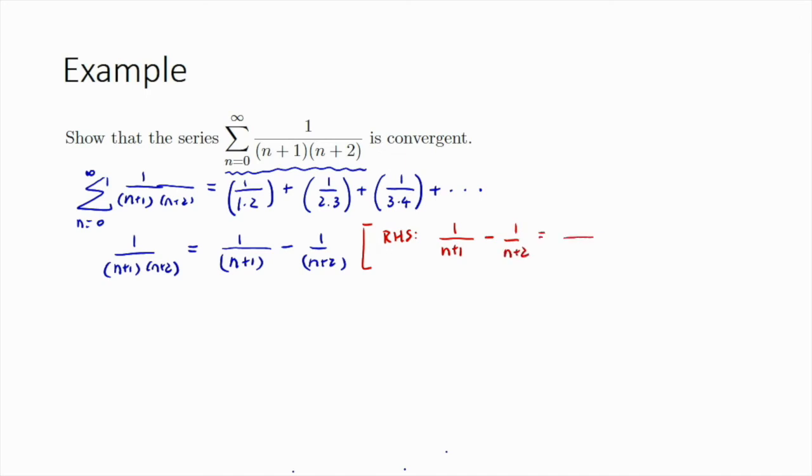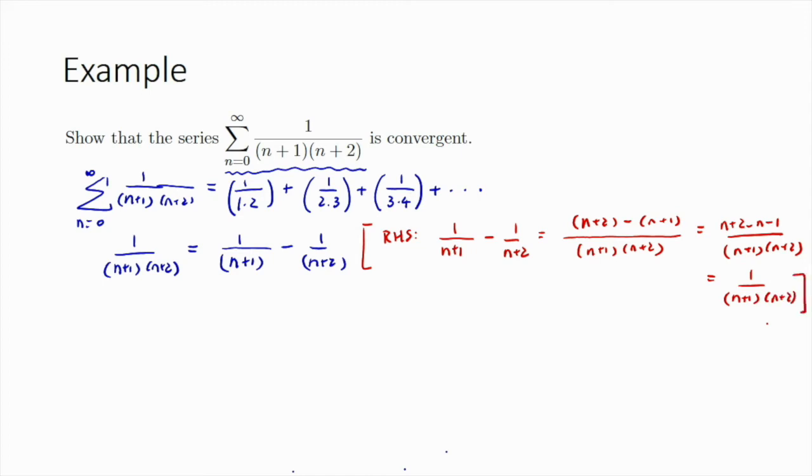When you bring things under a common denominator, it is n plus 1 times n plus 2, and this is n plus 2 take away n plus 1, which is equal to n plus 2 minus n minus 1 over n plus 1 times n plus 2, which then gives you 1 over n plus 1 times n plus 2. So indeed, we have verified that this expression can be decomposed into two simpler fractions.